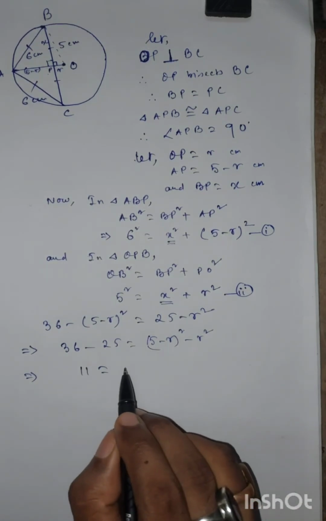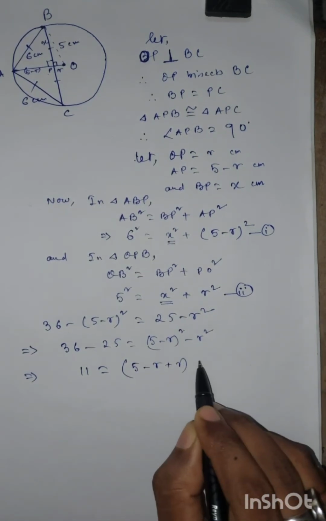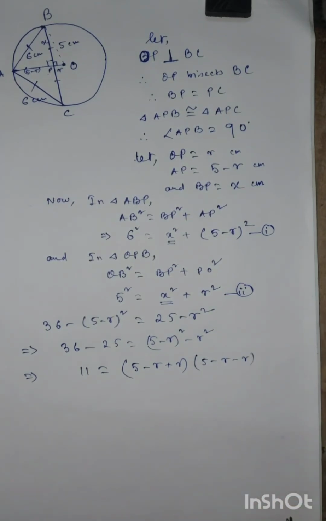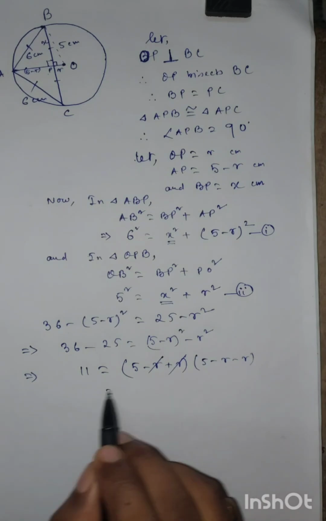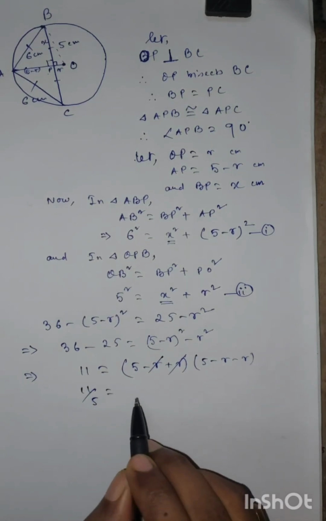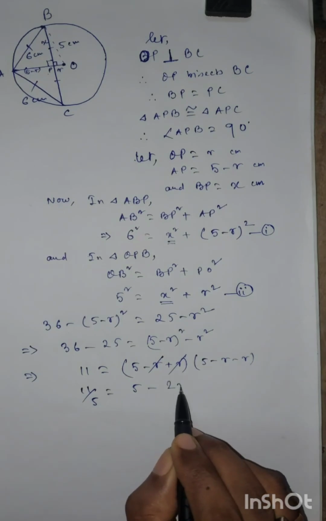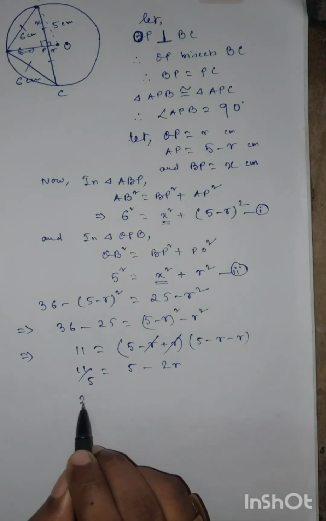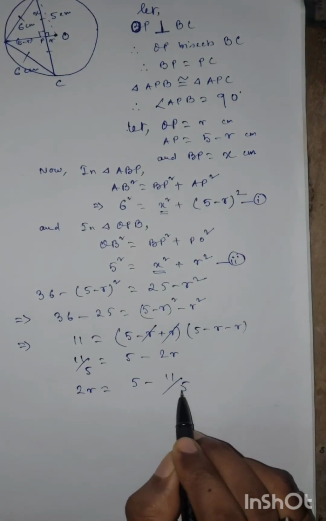A square minus b square, that means a plus b, a minus b. So this is 11 by 5 equal to 5 minus 2r. So 2r is equal to 5 minus 11 by 5.